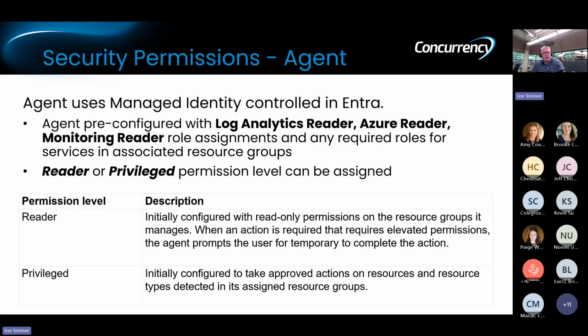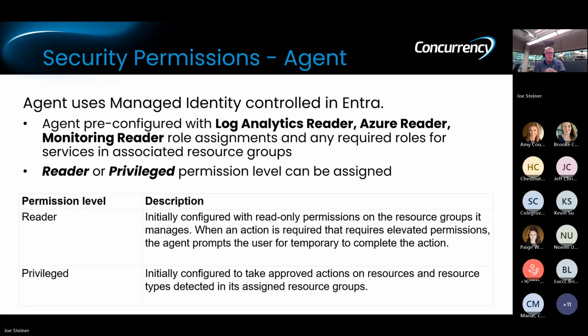And then you, as the user interacting with the agent, can say yes or no, and it will temporarily gain permissions to do that, and we'll talk about how it does that in just a second. It gains permissions and then relinquishes them to perform that change on your behalf, all of which is logged.